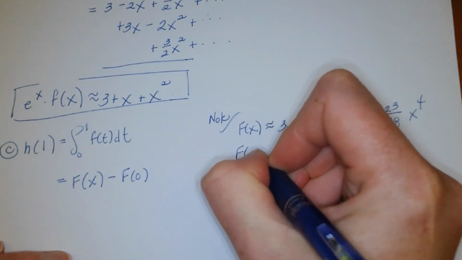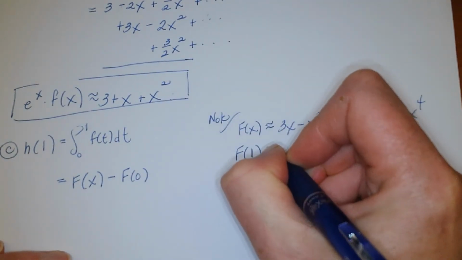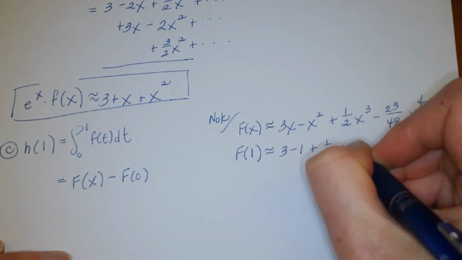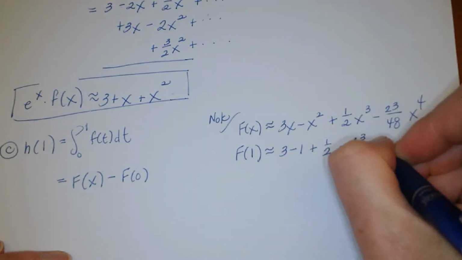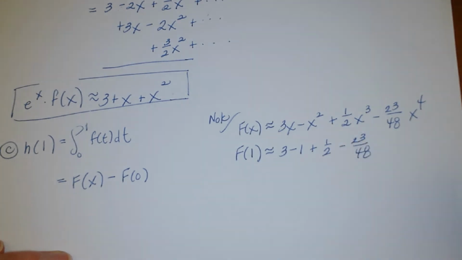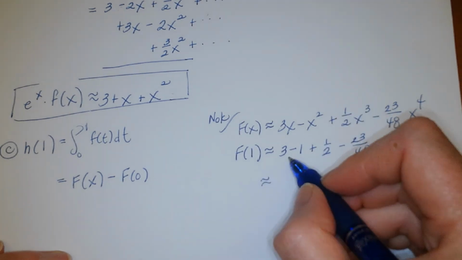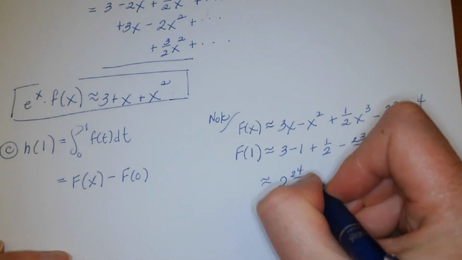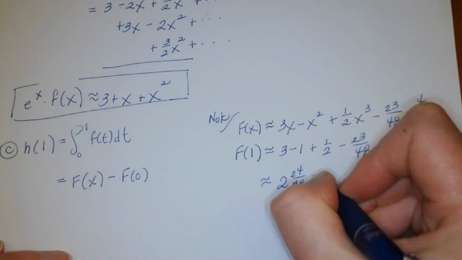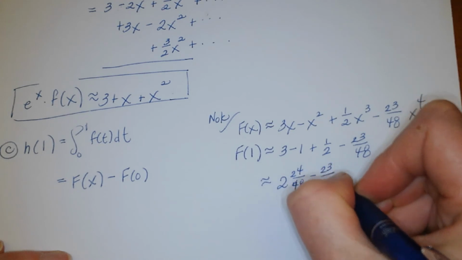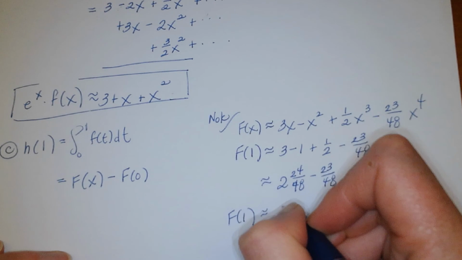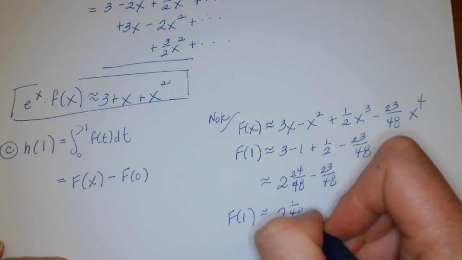So the antiderivative evaluated at 1 would be approximately 3 minus 1 plus 1/2 minus 23 over 48. And then you could simplify it. So 2.5 is like 2 and 24 48ths, take away 23 48ths. So F of 1 is approximately 2 and 1/48ths.